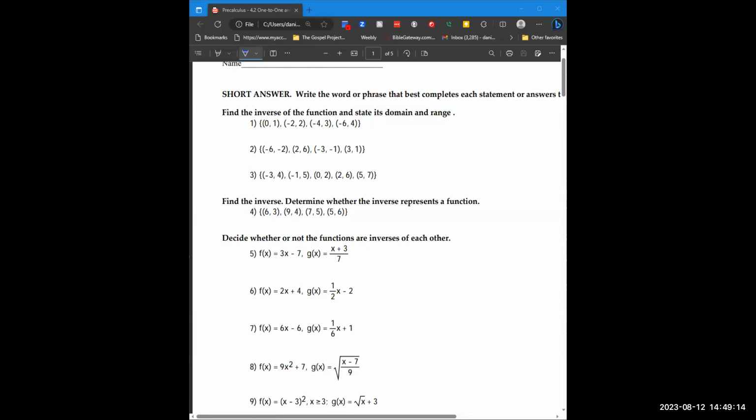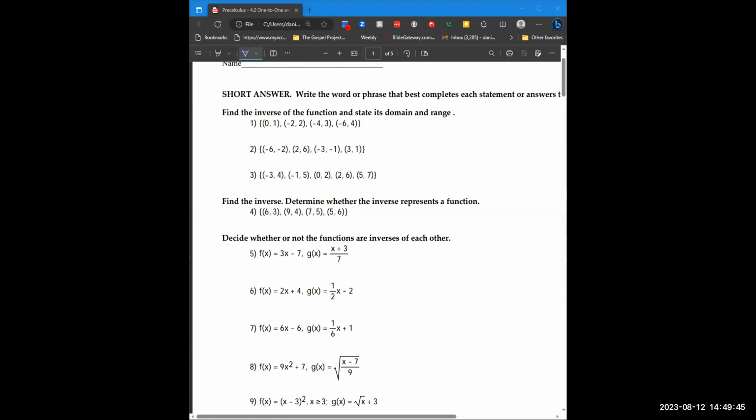We're going to just switch all of our X's and Y's here. So it's going to become -2, -6, 6, 2, -1, 3, and 1, 3 will be my new inverse function for number 2.